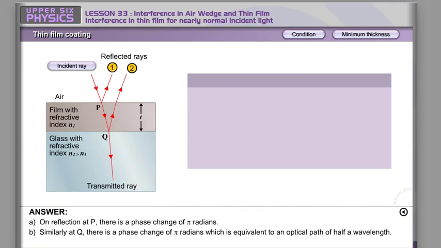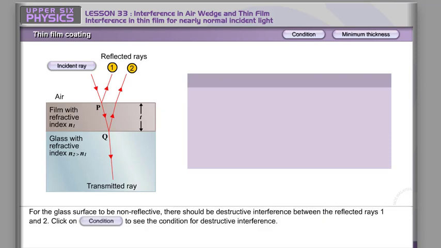Answer: A. On reflection at P, there is a phase change of pi radians. B. Similarly at Q, there is a phase change of pi radians which is equivalent to an optical path of half a wavelength. For the glass surface to be non-reflective, there should be destructive interference between the reflected rays 1 and 2.